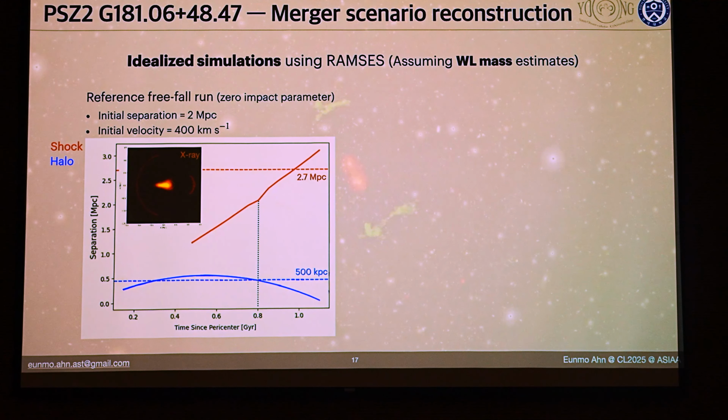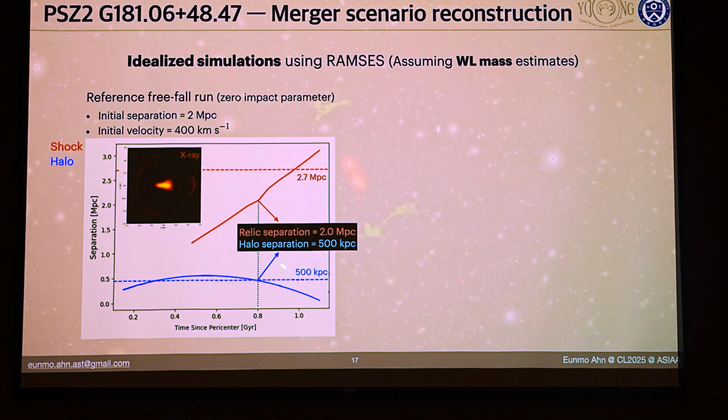So as you can see in this reference free-fall collision, the halo separation reaches the observed separation at a time since pericenter passage of about 0.8 gigayears. However, at this moment, the separation between the two shocks, for the two relics, is only about 2.0 megaparsec, which is smaller than the observed relic separation.